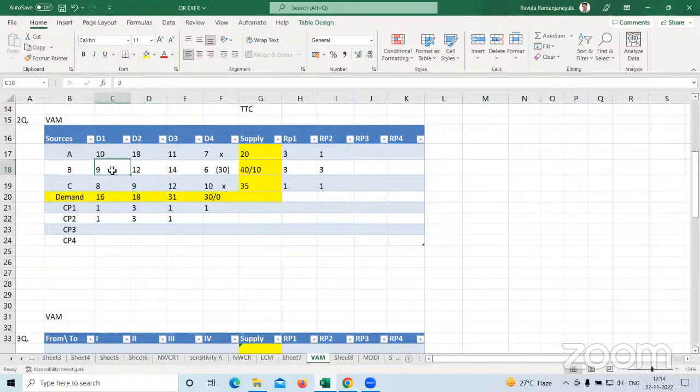Whereas for this 9 to allocate it, the row wise is 10 and column wise is 60. Both are less. So this is to be allocated first. 9 into 10. So this 10 out of 40, the total things have been allocated. So it becomes 0. And here it becomes 6. Whereas this column is totally exhausted.